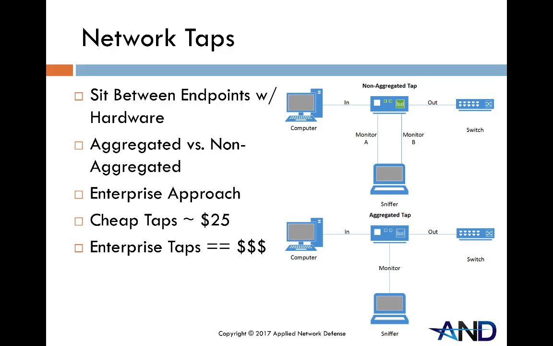Taps are also not the best for simple one-off scenarios because they do require you to physically put the tap in between the device whose communication you want to sniff. So oftentimes this means unplugging a device from a switch and putting the tap in line there. That can be a lot of work, especially if you're in a network where you're maybe the only network admin and you're distributed and you have to drive out to places.